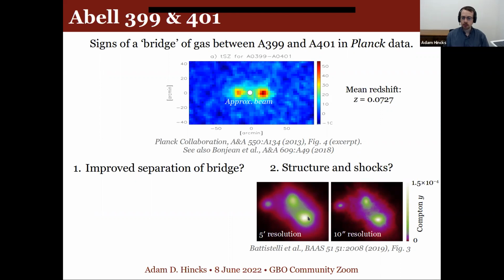So this is a hydromagnetodynamical simulation, smoothed here to a little bit higher resolution than Planck, 5 arc minutes, and then here it is at 10 arc seconds, and you can see that this wispy subfilamentary structure pops out when you have this high resolution.